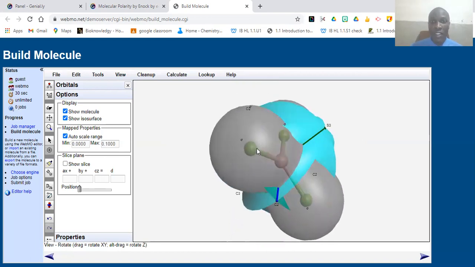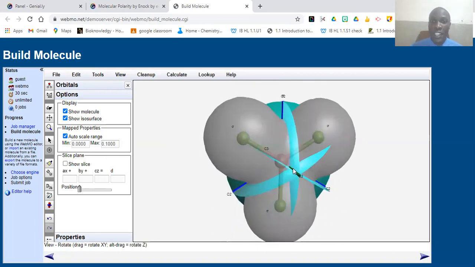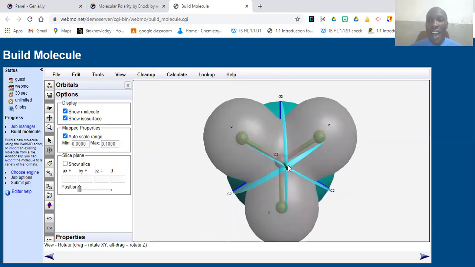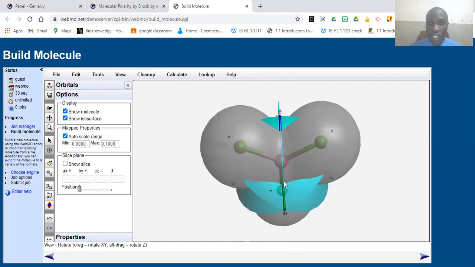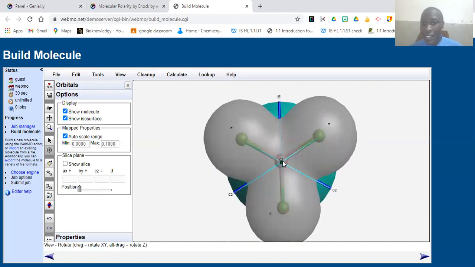We can comfortably say that this molecule is non-polar. Although the bonds may be polar, the whole molecule is non-polar.